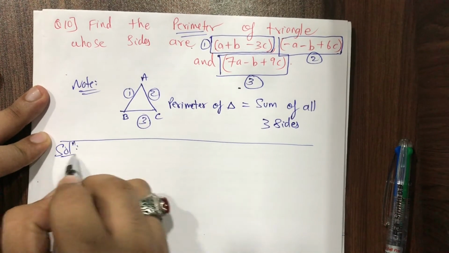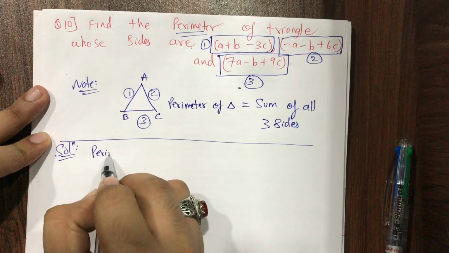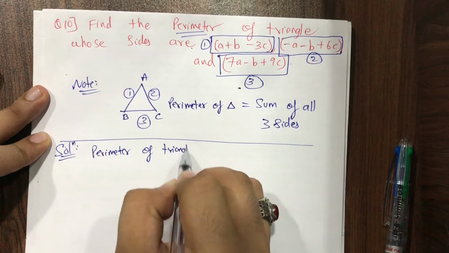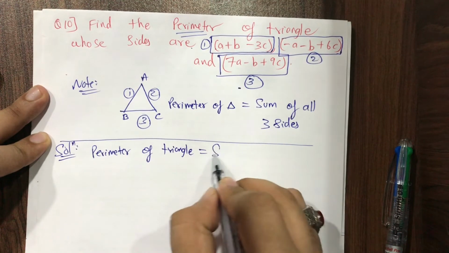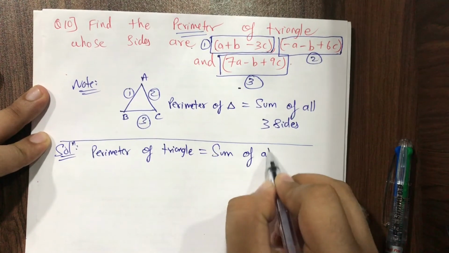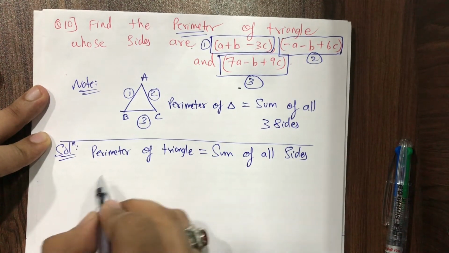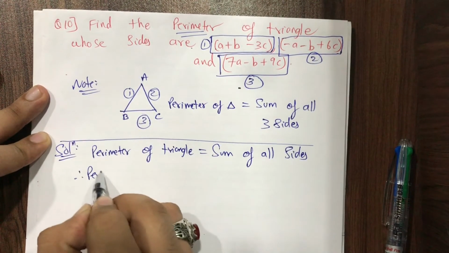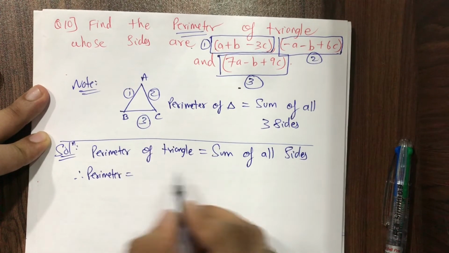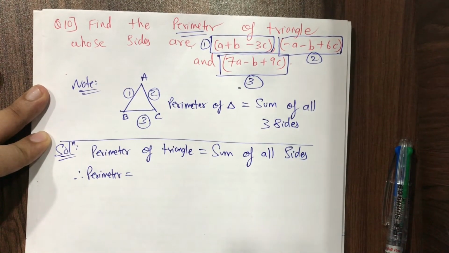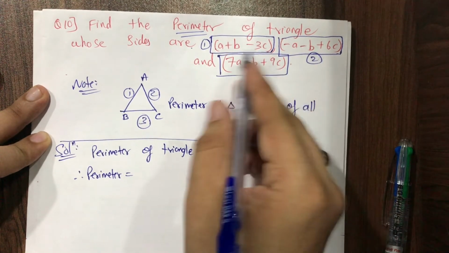So in the solution part, perimeter of triangle is the sum of all sides. Of course, a triangle has only 3 sides. So therefore perimeter is equal to, let's add all the 3 brackets. When I say add, it means plus between the brackets.